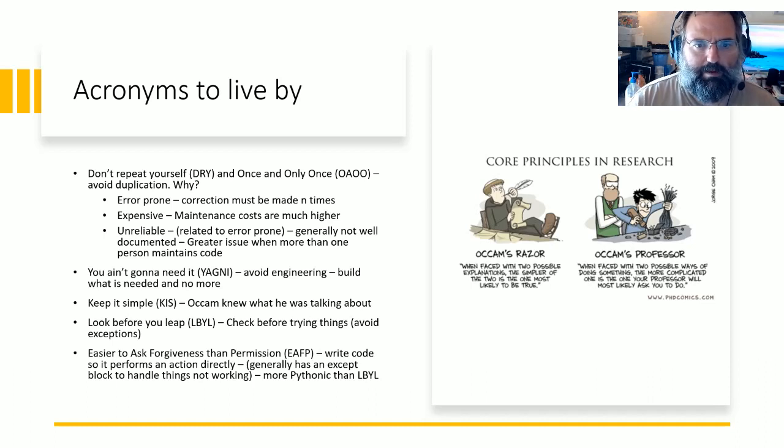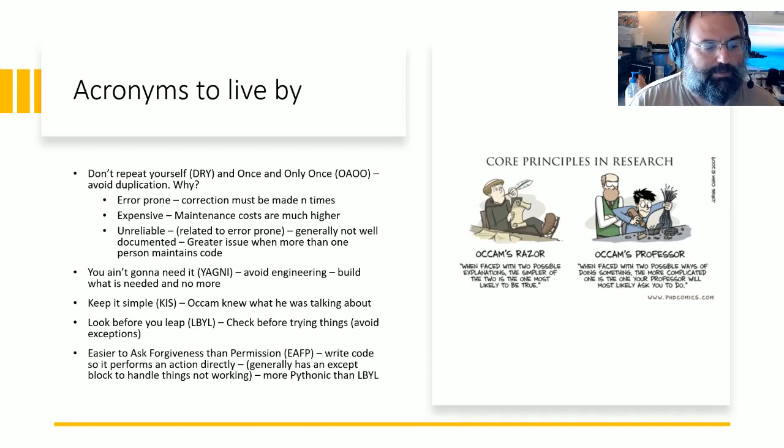May or may not work out all the time, but it's not a bad idea from a software development perspective. When faced with two possible ways of doing something, the more complicated one is the one your professor will most likely ask you to do. Sadly, that may be true in some cases. Not going to be true here. Simplicity is beautiful, and keep that in mind. And that kind of goes with keep it simple. So KISS, and we're leaving off the final S because we're not insulting anyone.